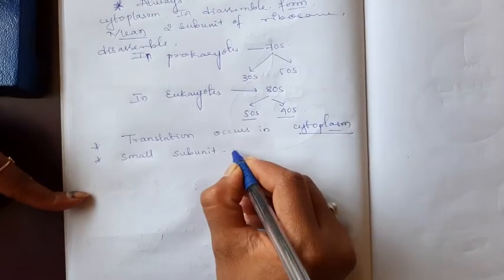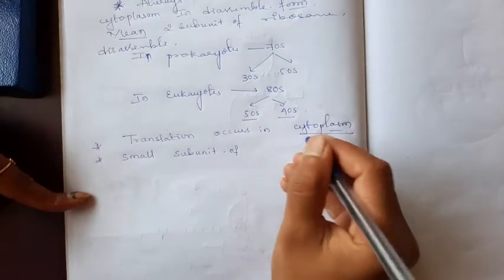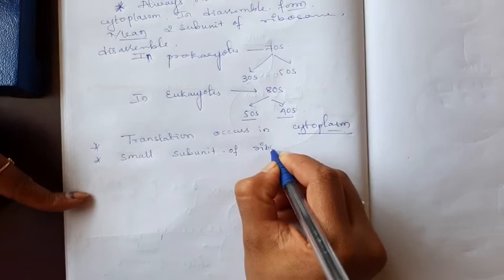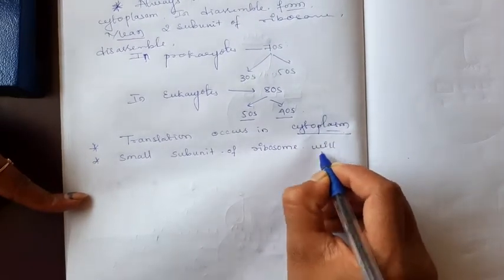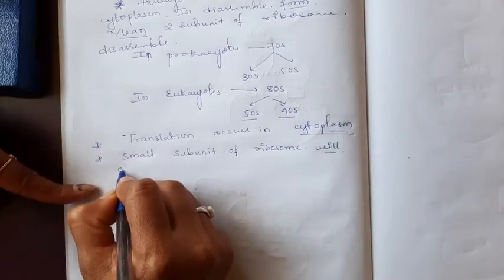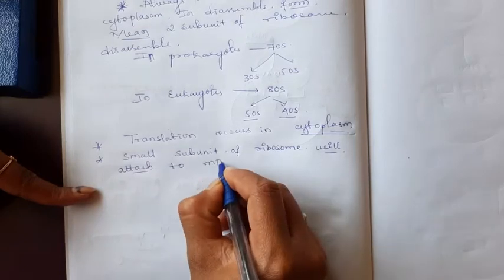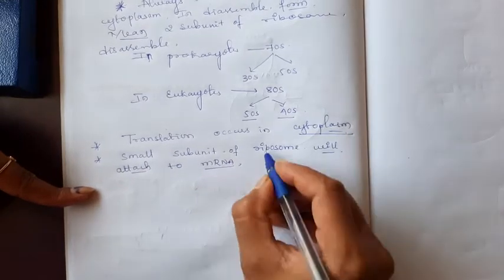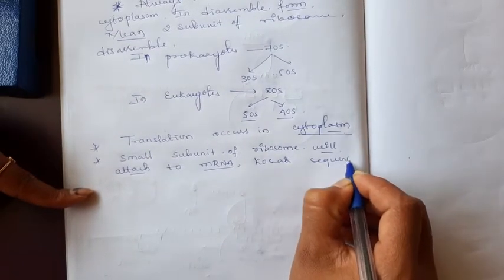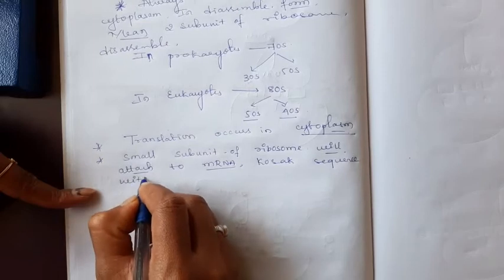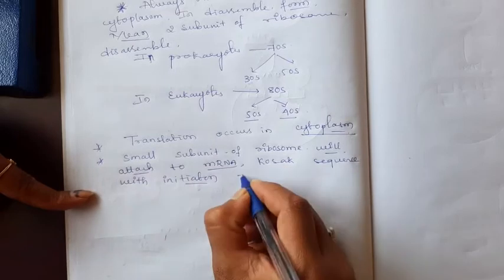The small subunit of the ribosome will attach to the mRNA Kozak sequence with initiation factors.